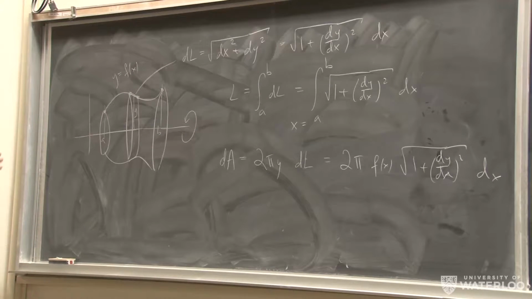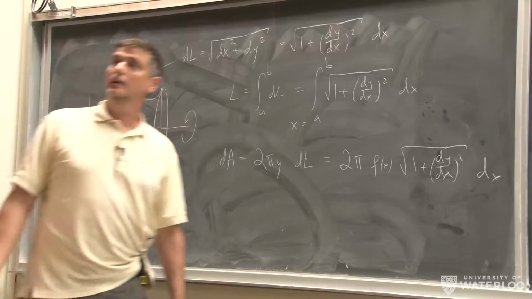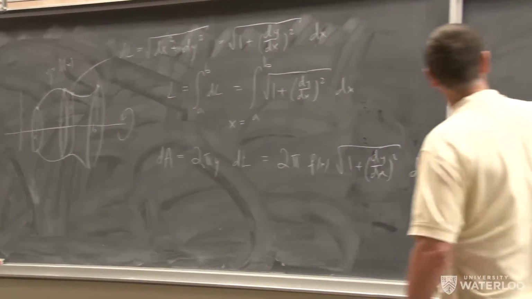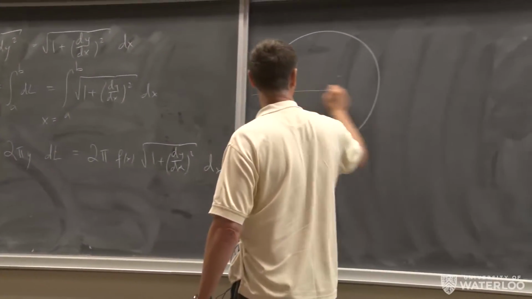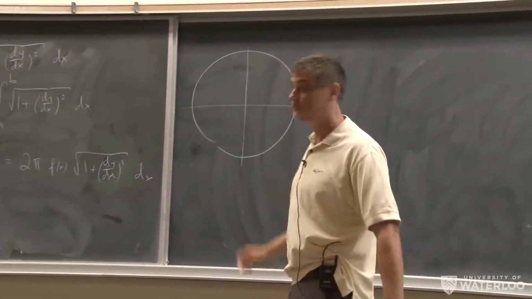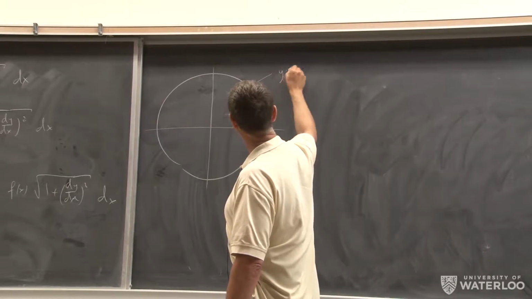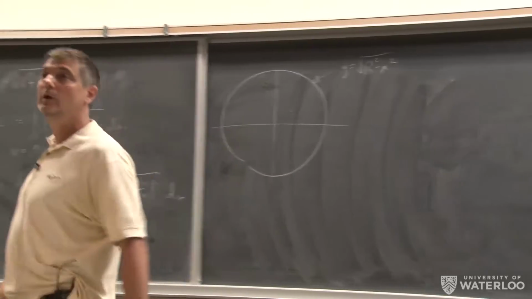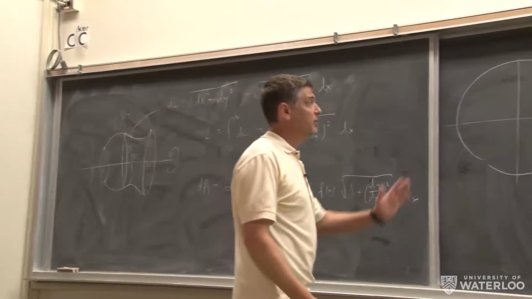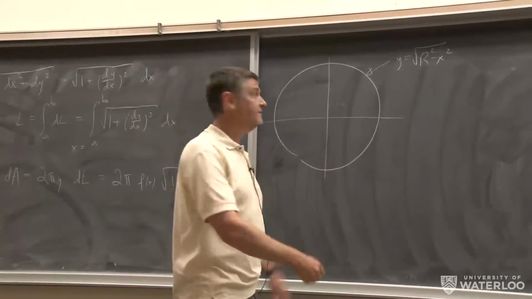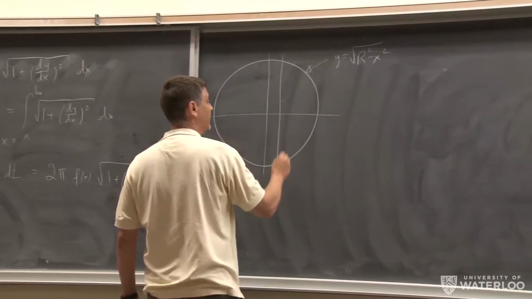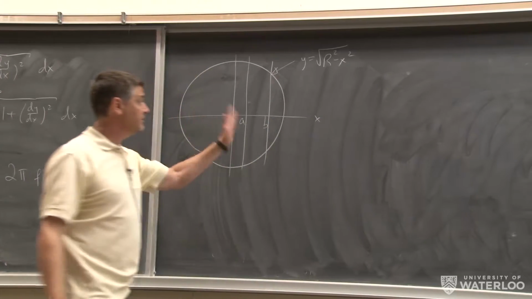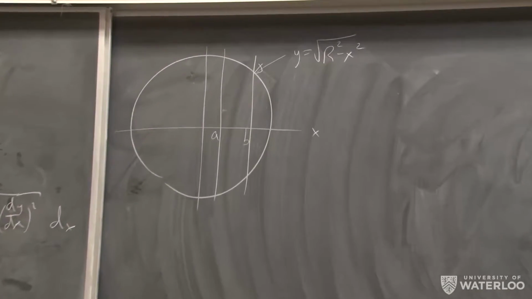And in particular, you can use that formula to calculate a formula which is related to the area of the surface of a sphere. So if you have a sphere of radius r, which is given by y equals square root r squared minus x squared, and if you want to calculate the surface area of a portion of that sphere, a portion that lives between two planes, say the plane x equals a and x equals b, if that's the x-axis, there's two planes that cut that sphere.